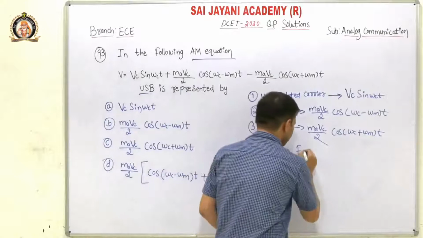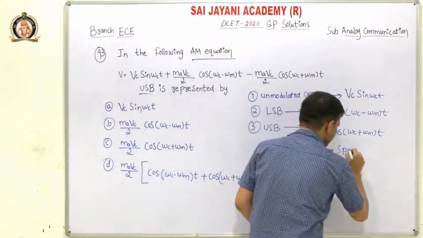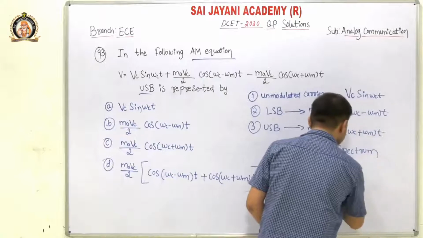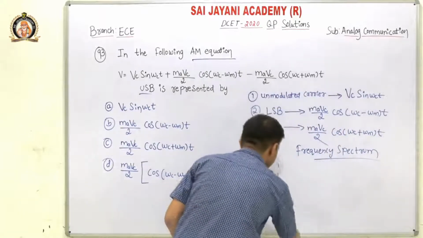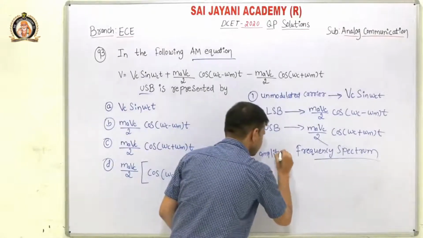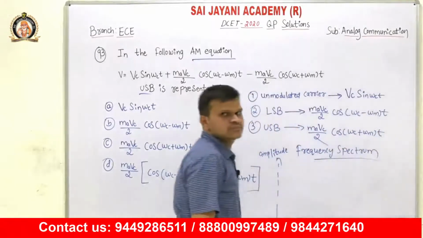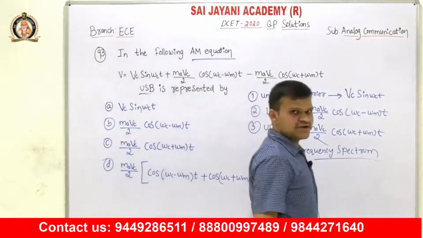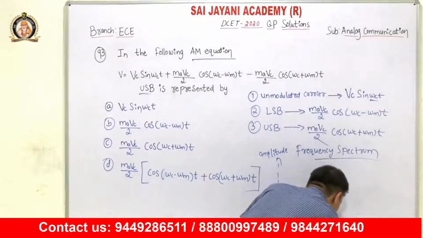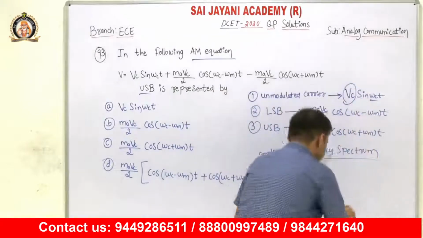When you consider the frequency spectrum for an AM signal, that is an amplitude modulated signal, the y-axis represents amplitude and the x-axis represents frequency. For the unmodulated carrier signal, its frequency is omega C and its amplitude is Vc.